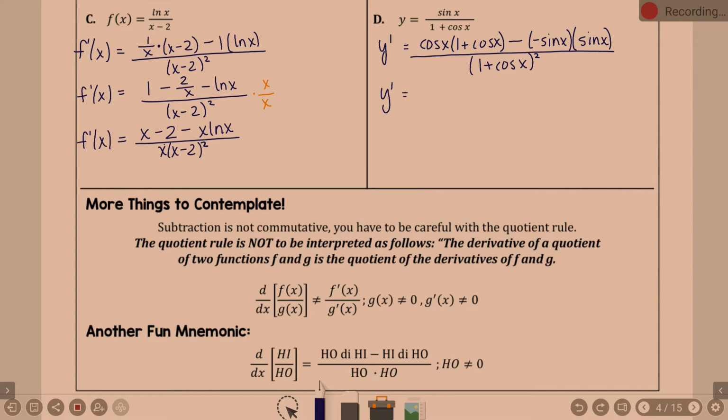Okay, let's do some cleanup. On top, I would often encourage you to multiply things out. On bottom, I would not. Okay, just generally, how things tend to be. Take the cosine x and distribute.